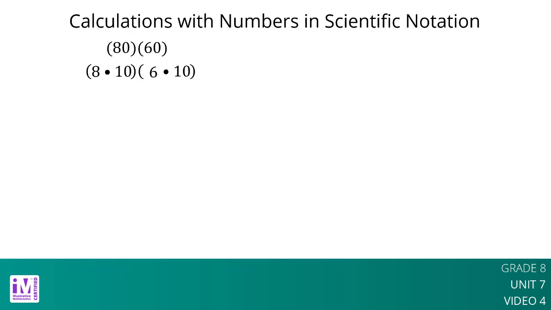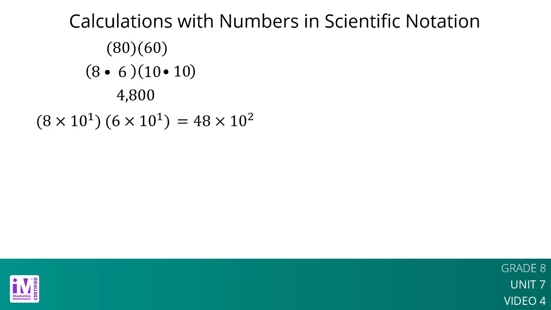The product, 80 times 60, is 48 hundreds or 4,800. Using scientific notation, we can write this calculation as 8 times 10 to the first power times 6 times 10 to the first power equals 48 times 10 to the second power.